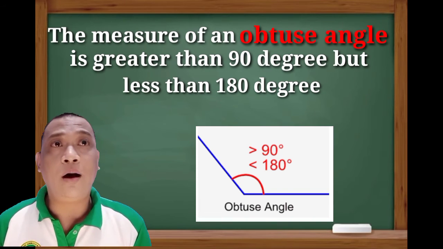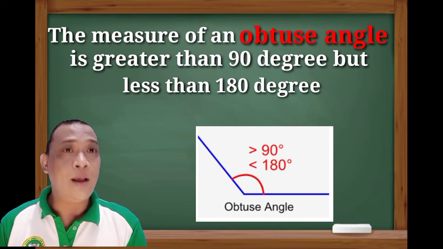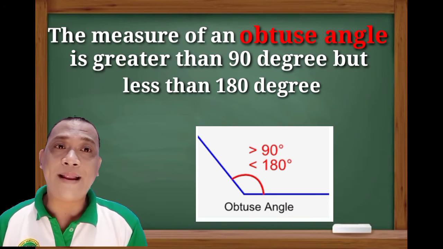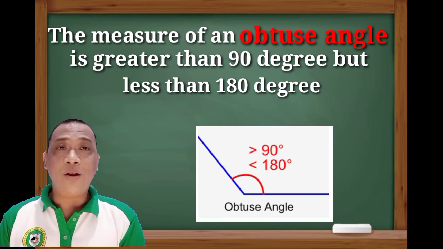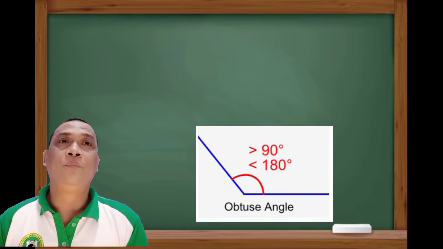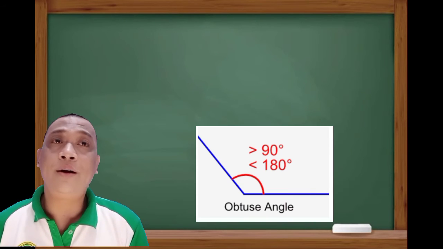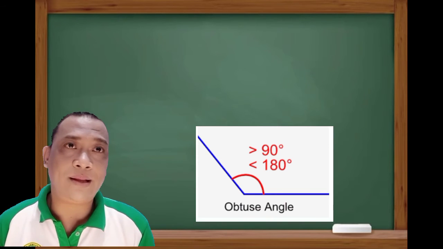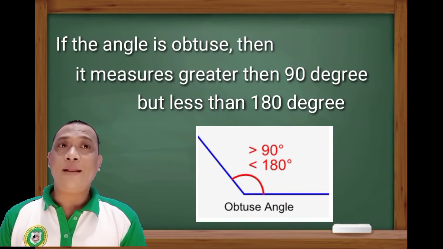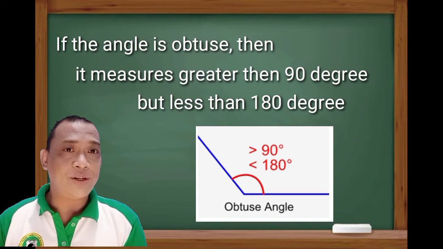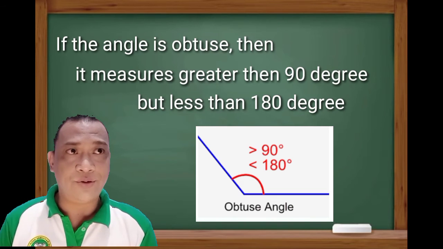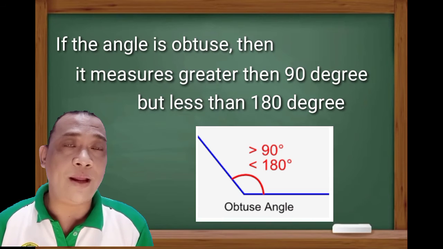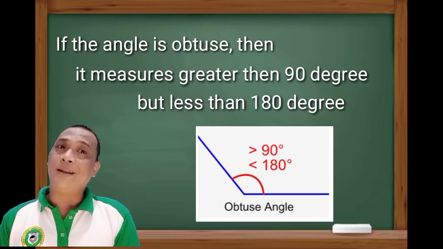Therefore, our predicate is measures greater than 90 but less than 180. Therefore, our if-then statement is, if an angle is obtuse, then it measures greater than 90 degrees but less than 180 degrees.